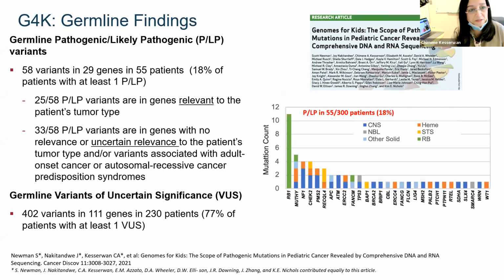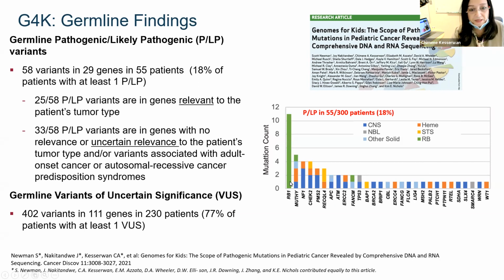So what did we find? The findings were published recently in Cancer Discovery. We had 58 variants in 29 genes in 55 patients. So in our germline findings, 18% of patients carried at least one pathogenic or likely pathogenic variant. If you take the 58 variants that are pathogenic or likely pathogenic, 25 of the 58 are in genes relevant to the patient's tumor type.